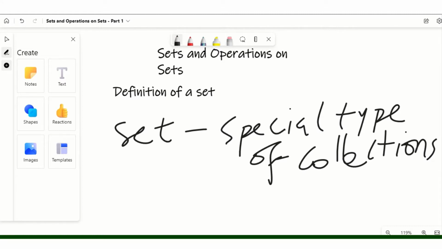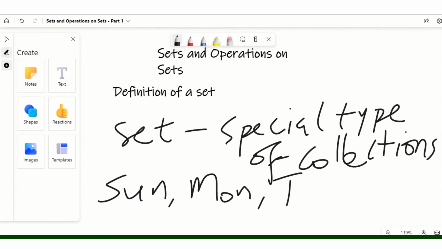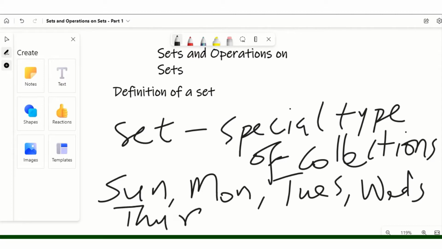So let's write them down. Sunday, I will shorten it because of space. Monday, we have Tuesday, we have Wednesday, we have Thursday, we have Friday, Saturday.